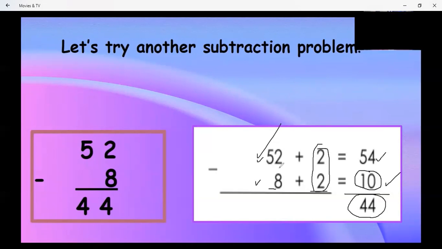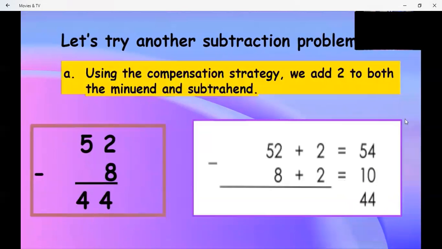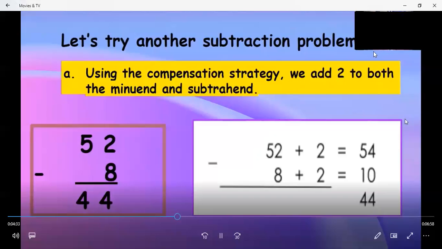But this time, we have the 8 as our subtrahend, so it needs 2 to become a multiple of 10. Next, let's have another example. By the way, using the compensation strategy, we added 2 to both the minuend and the subtrahend.